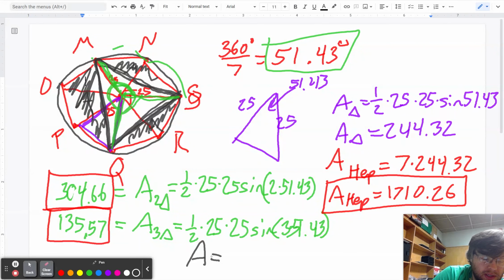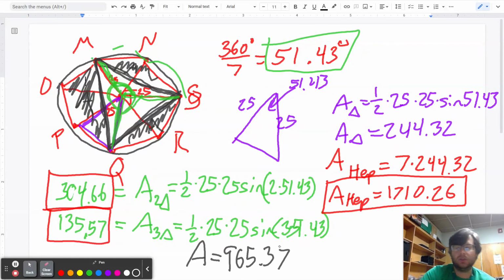So I'm just doing minus twice. I could have doubled it and subtracted it. And then minus 135.57. And I get an area of 965.37.